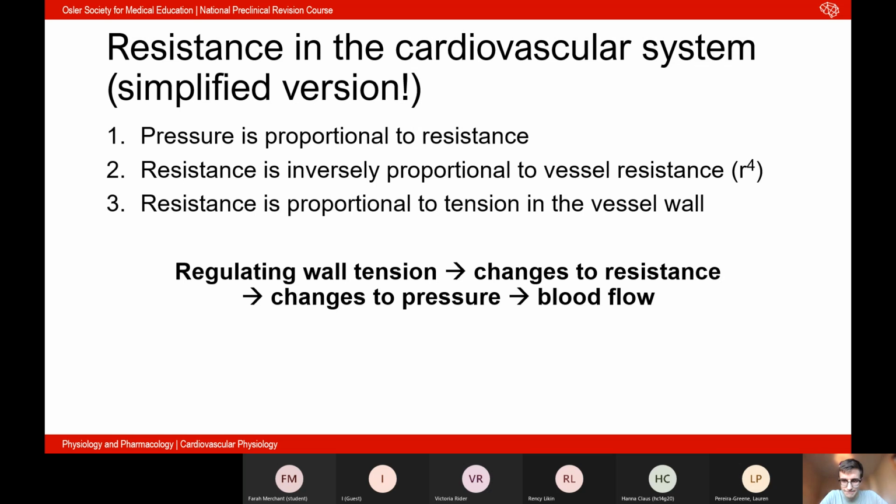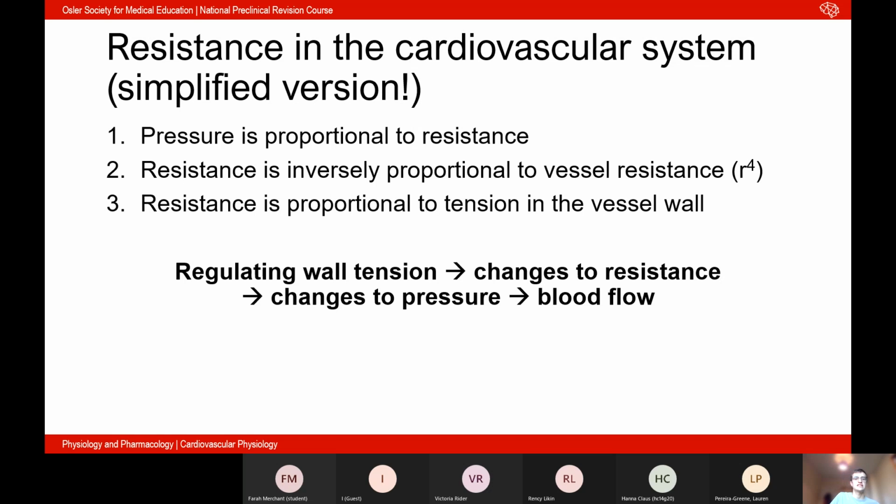So some complex maths there that I never fully understood, but here's the simple version. Your blood pressure is determined by cardiac output, but also resistance. So resistance within your vessels determines what your blood pressure is, alongside cardiac output. So resistance is determined by the diameter of vessels.